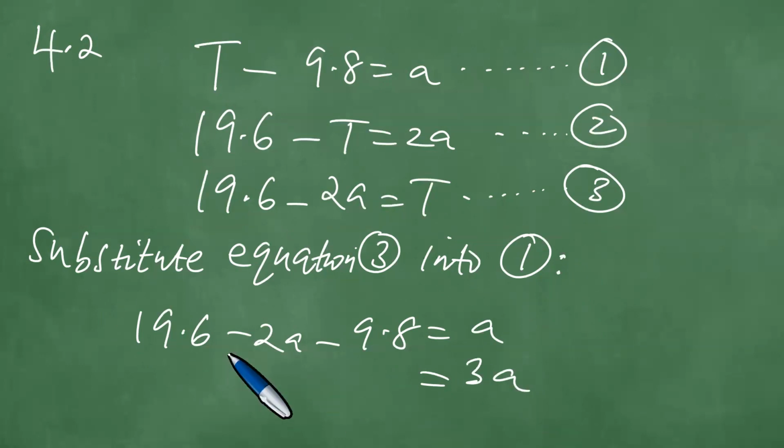Now, what is 19.6 minus 9.8? We have 19.6 minus 9.8, which is 9.8.